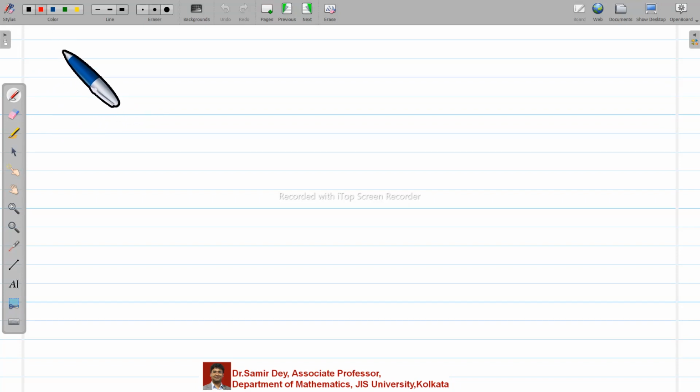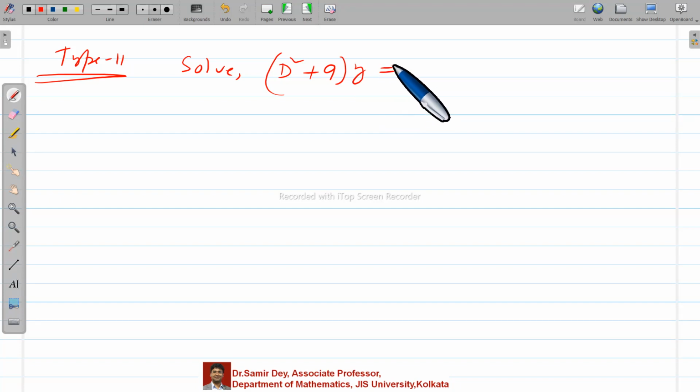Everyone, please write down type 2. Correct. So now write down the question. Solve D square plus 9, y is equals to cos 3x. Okay, so I'm talking about only PI. CF already you know.